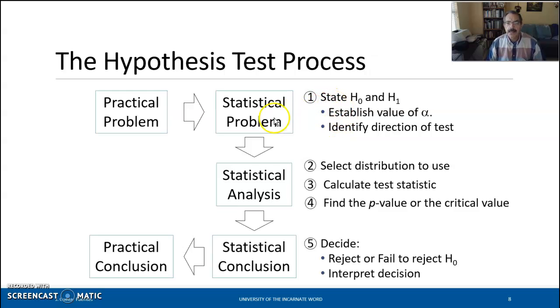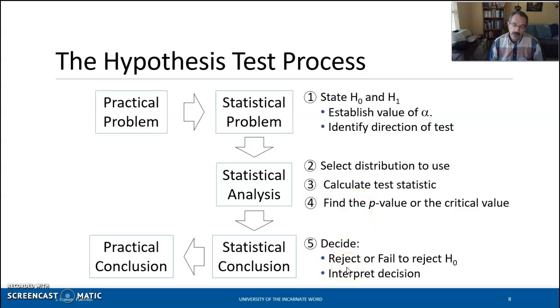Once we've done that, we move into the statistical analysis phase, where we first select the appropriate probability distribution to use. From that, we determine what test statistic we need to calculate, and we calculate it. Then we use that information to find the p-value, and we use alpha to find the critical value. Then, using either the p-value or the critical value, we make a decision about the null hypothesis.